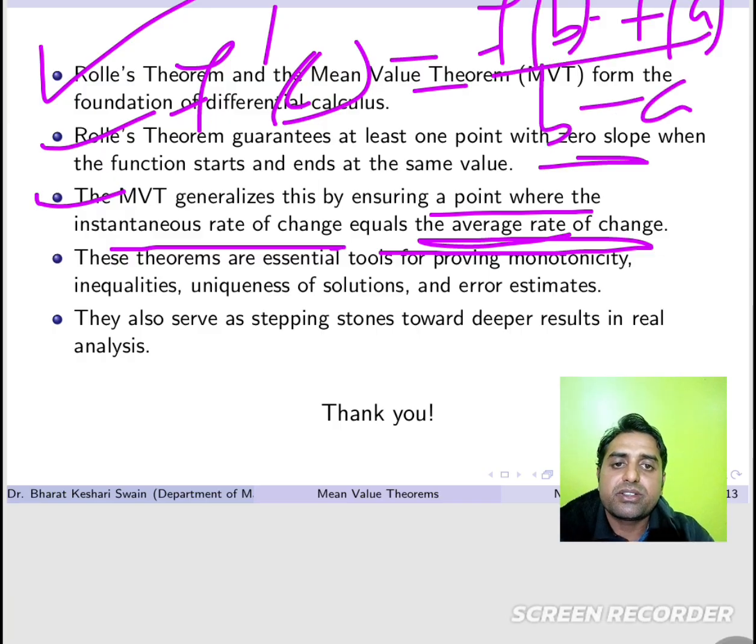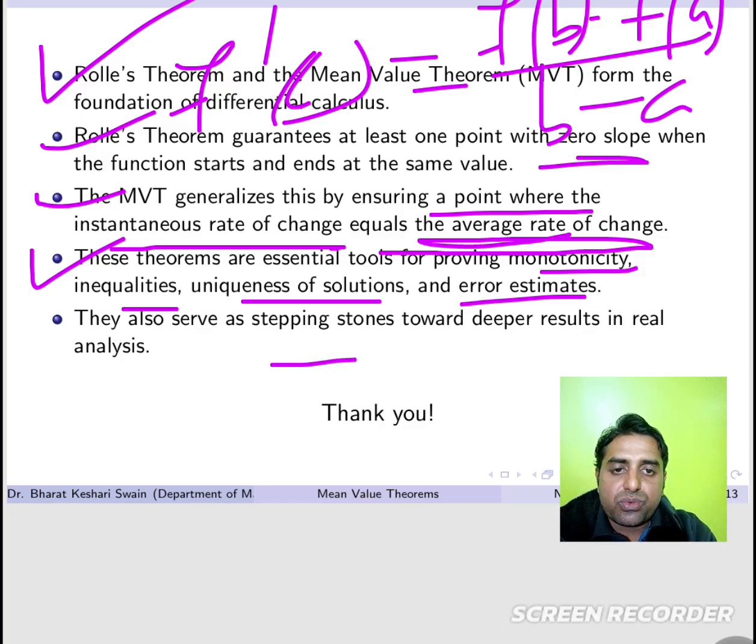These theorems are essential tools for proving monotonicity, inequalities, uniqueness of solutions, and error estimates. And finally, they are stepping stones toward deeper results in real analysis.